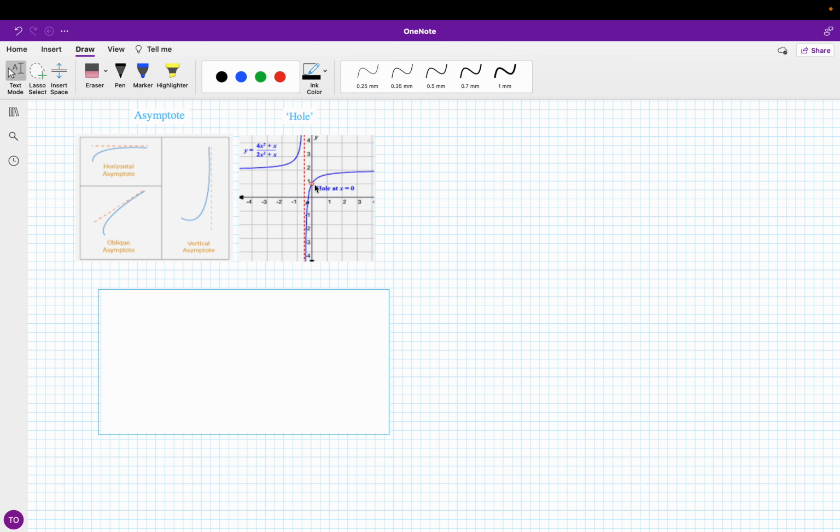It approaches on both sides. It is not in the domain of the function. It's not part of the x values, we say. It shares common factors shared by the numerator and denominator, or both, as 0 even.